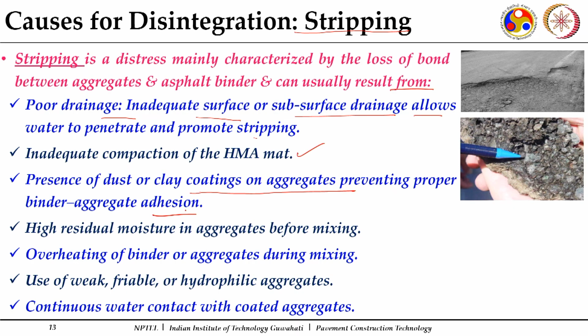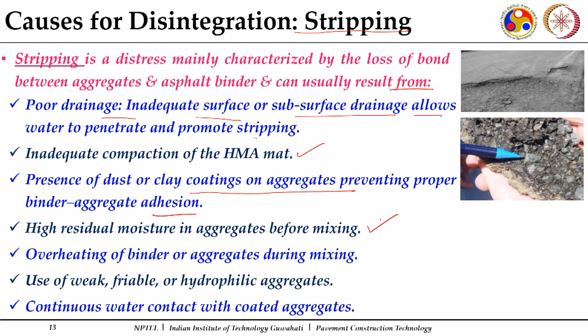Otherwise, that may create a hindrance between the bitumen and the aggregates, and the binder may develop a bond with the dust coating, which may get easily removed in the presence of water.